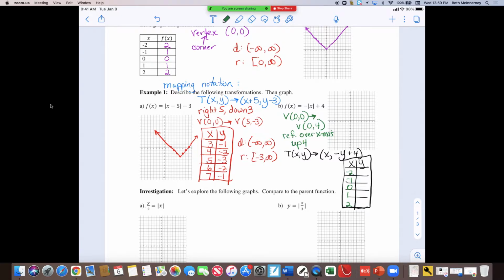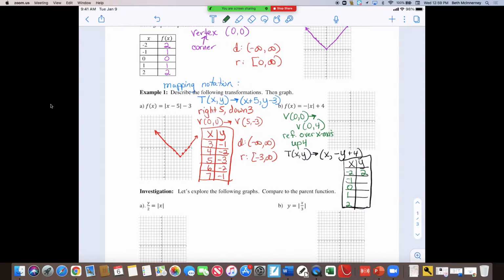But my y values, what you're going to do is take the opposite of the y and add 4. You're going to take the opposite of y and add 4. So I'm going to take the opposite of 2, which is -2, plus 4.